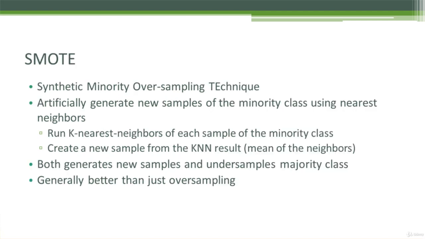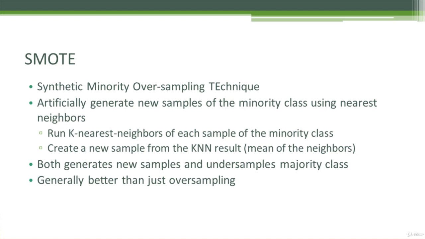Something that's even better than undersampling or oversampling is something called SMOTE. This is something you might see. It stands for Synthetic Minority Oversampling Technique, kind of a creative acronym. What it does is it artificially generates new samples of the minority class using nearest neighbors. Just like we talked about using KNN for imputation, same idea here. We're running K-nearest neighbors on each sample of the minority class, and then we create new samples from those KNN results by taking the mean of those neighbors.